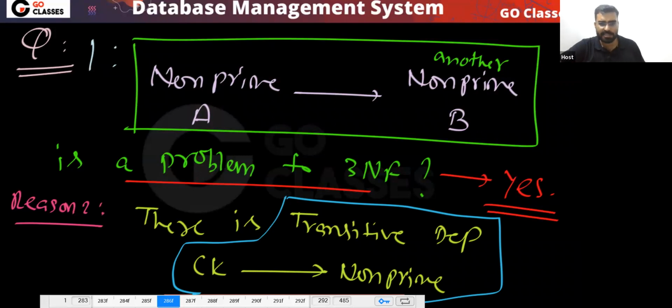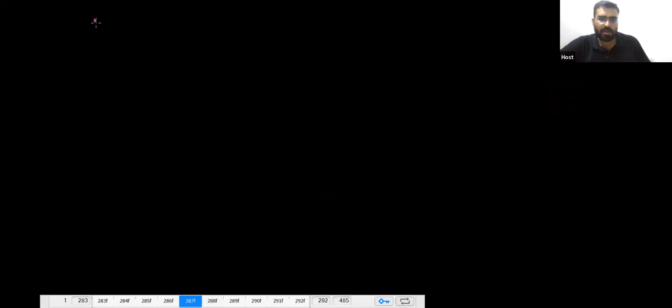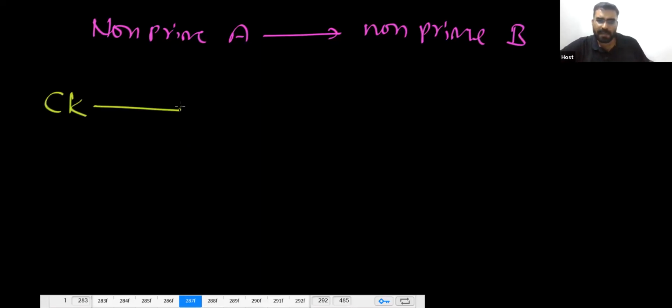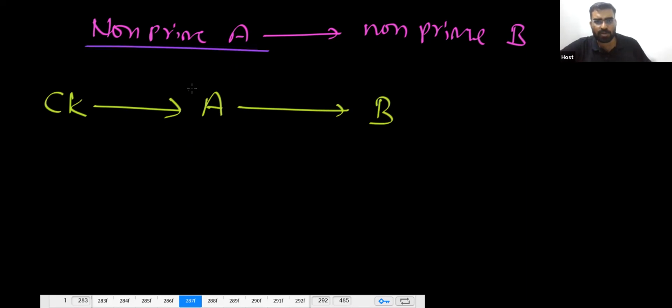Yes, you can give it, very easy. If you have non-prime A to non-prime B, then I can very easily give a transitive dependency: take the candidate key, every candidate key can determine A, and A is determining B. Because this is a non-prime attribute, it cannot determine CK.